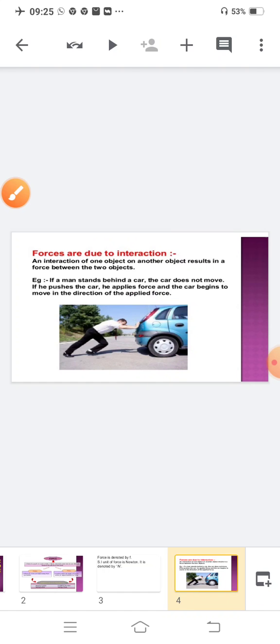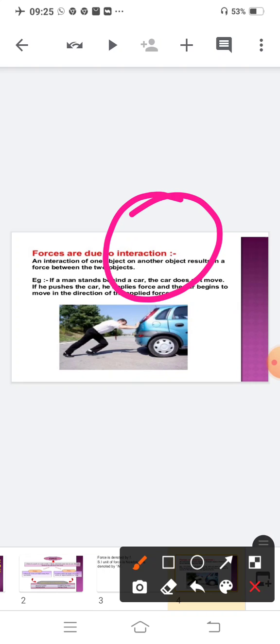So forces are due to interaction. If you want to apply force, there must be interaction between two objects or more than two objects.